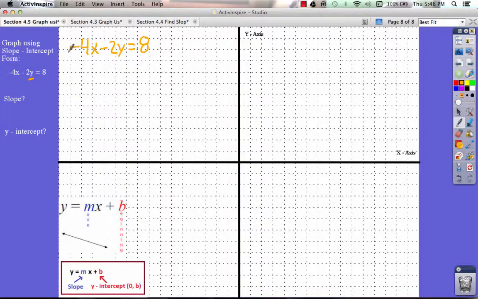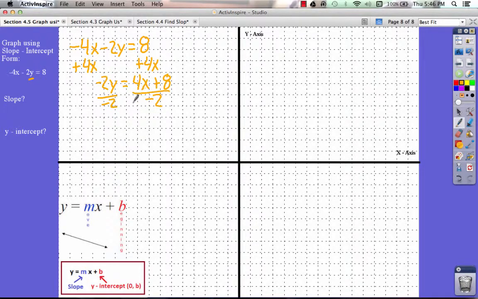First thing we're going to do is get rid of this addition and subtraction on this x here. So it's negative, so we got to do the inverse, which is adding 4x on each side. So we get negative 2y equals 4x plus 8. Well, now we can take this negative 2, get rid of it by dividing by negative 2. So we'll divide this by negative 2.